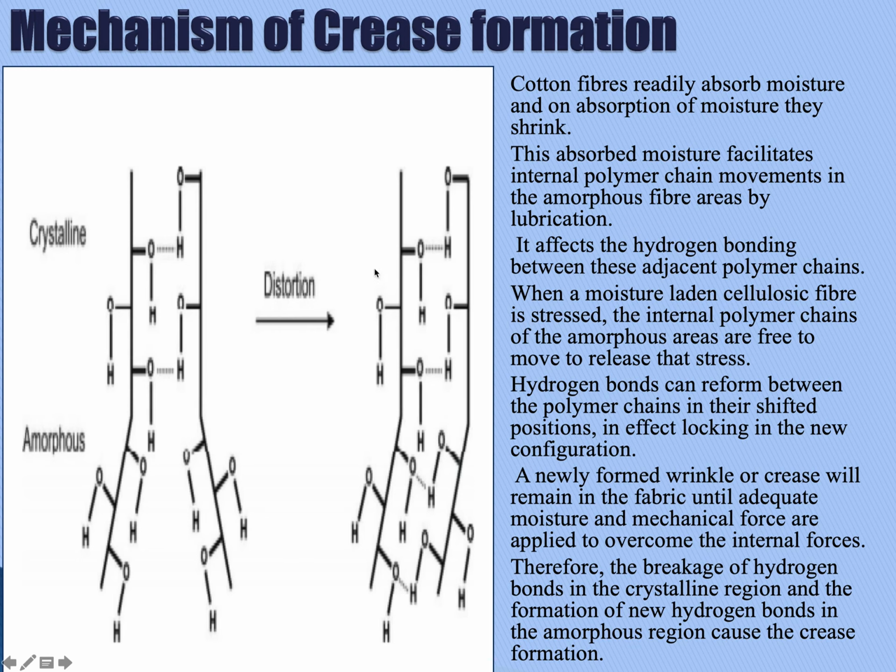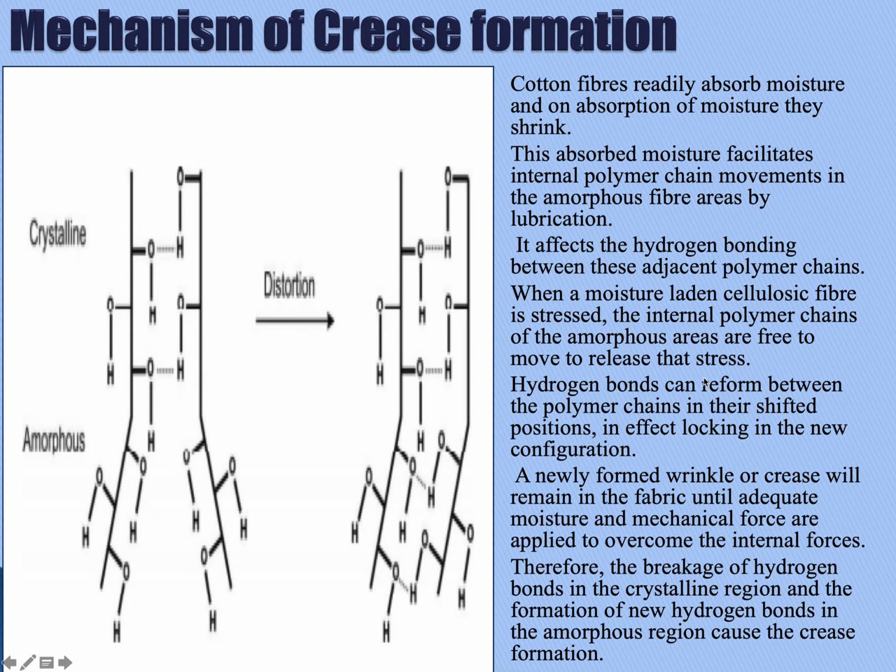Until some external mechanical force is applied to these fabrics, these bonds will remain as such. That means the crease will be maintained until and unless some mechanical force is applied to break these bonds. So when a moisture-laden cellulosic fiber is stressed, the internal polymer chains of the amorphous area are free to move to release that stress.